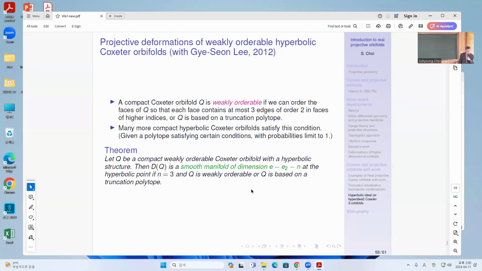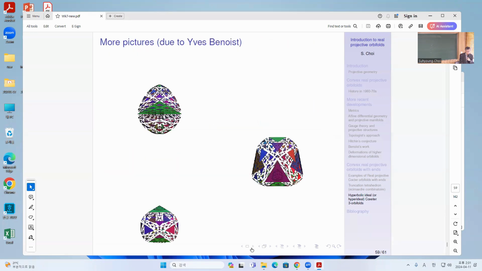Okay. But of course, in this theorem, we don't really have smoothness outside the hyperbolic point. So the hyperbolic point is when it comes from the hyperbolic representation. So we want to actually generalize this somehow, or investigate these things further.